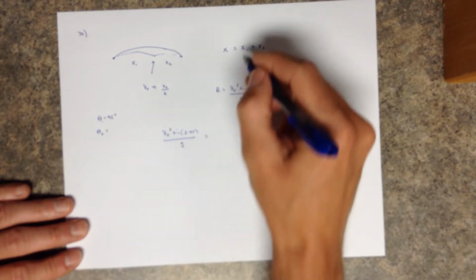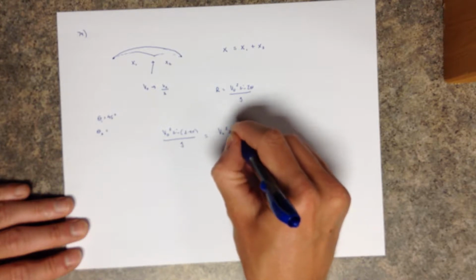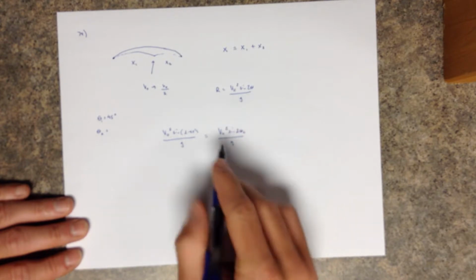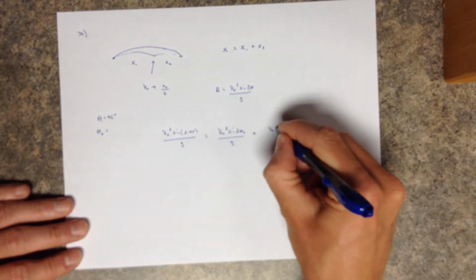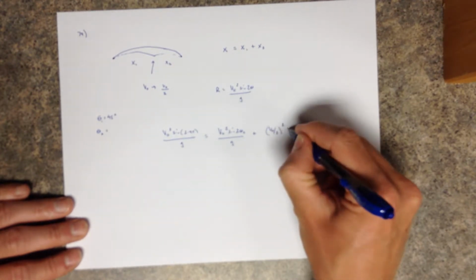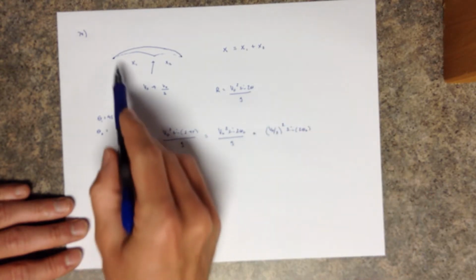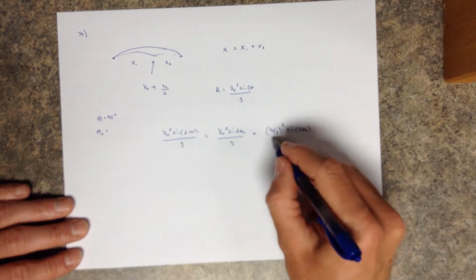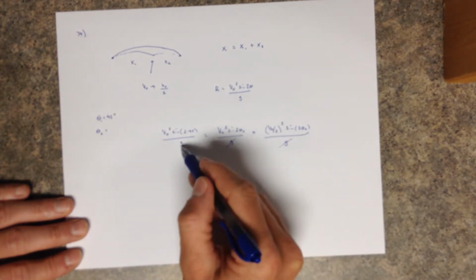We set that equal to x1, which is launched at the same speed at some different angle, theta 2, over g, added to x2. x2 is relaunched after the bounce at half the speed, and it reflects at that same angle, theta 2, over g.